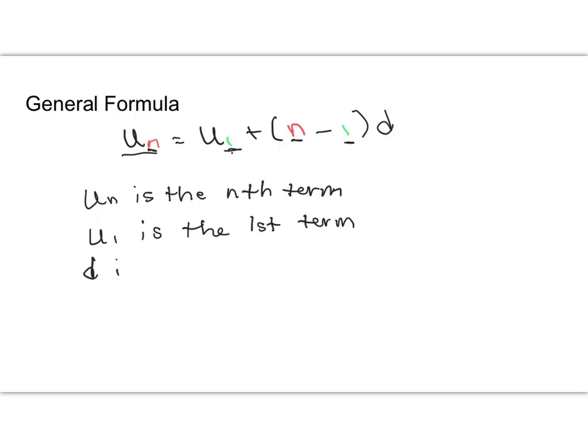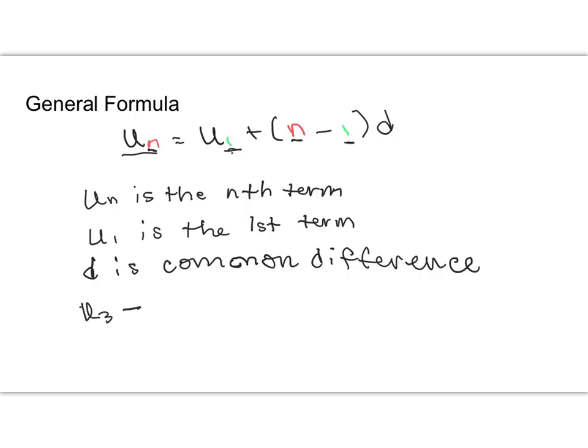And D is the common difference. And if I had something like U3, that would be my third term. So whatever number is down there, that's what term number I have.